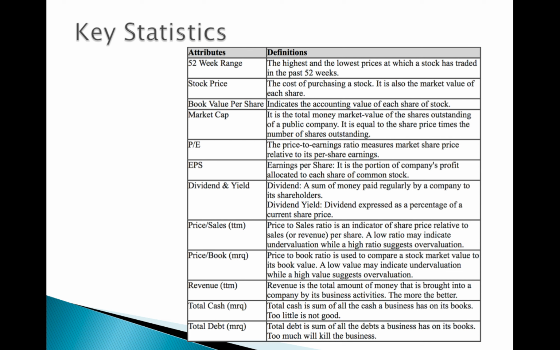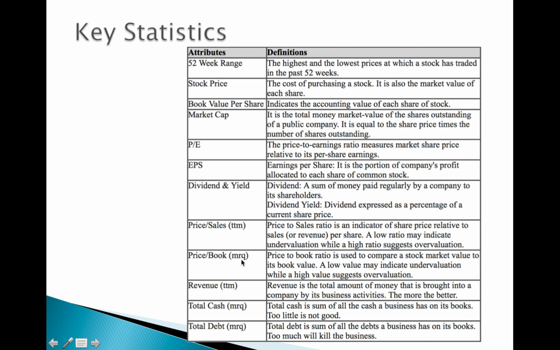Dividend and yield, I give a lot of importance to the yield because yield is dividend expressed as a percentage of current share price. Price to sales ratio is based on TTM, that is trailing 12 months, and price to book value is based on MRQ, which is most recent quarter.